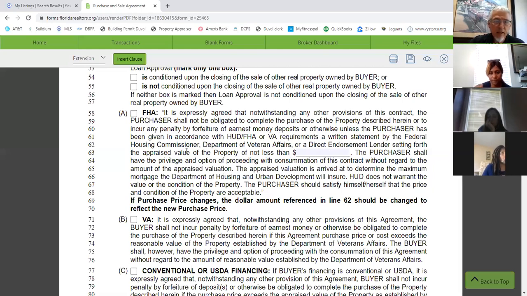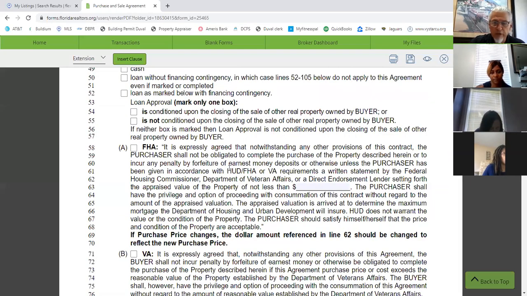It says that, if I can find it here, the purchaser should satisfy him or herself that the price and condition of the property is acceptable. But it also says that the purchaser shall have the privilege and the option of proceeding with the consummation of this contract without regard to the amount of the appraised value. Okay, so it's not the seller's option.